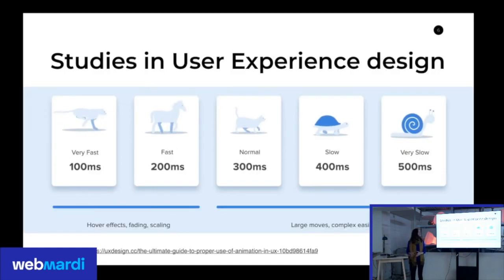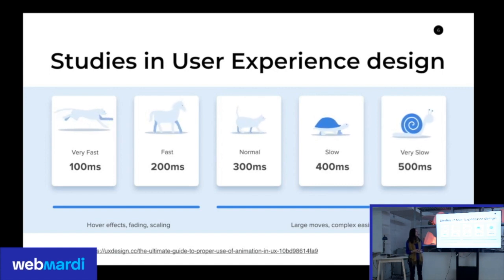There are many studies around web animation, especially when we talk about user experience design. What I find interesting, of course, is that web animation is time-based. So everything related to time is important when you create a web animation.